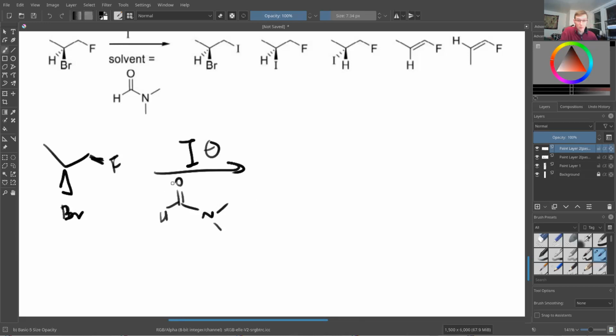Well, it's a protic solvent, right? No, wait, sorry. It is a polar solvent is what I meant to say. Sorry if I confused you. It is a polar solvent because it has this carbonyl. Is it a protic or aprotic solvent?